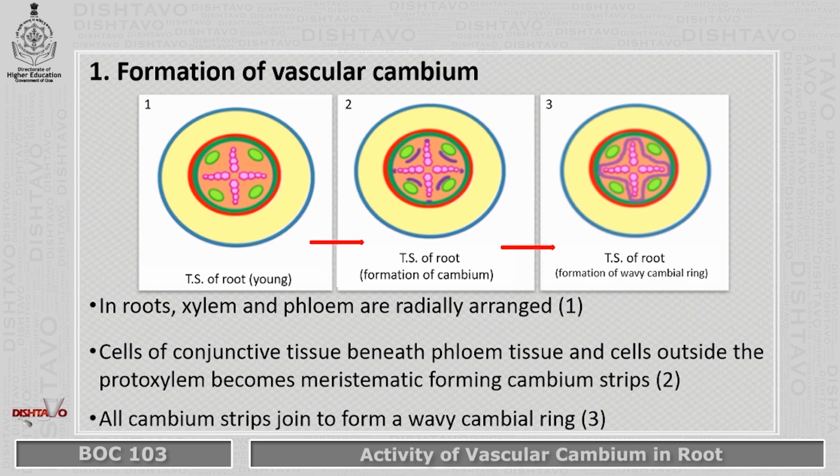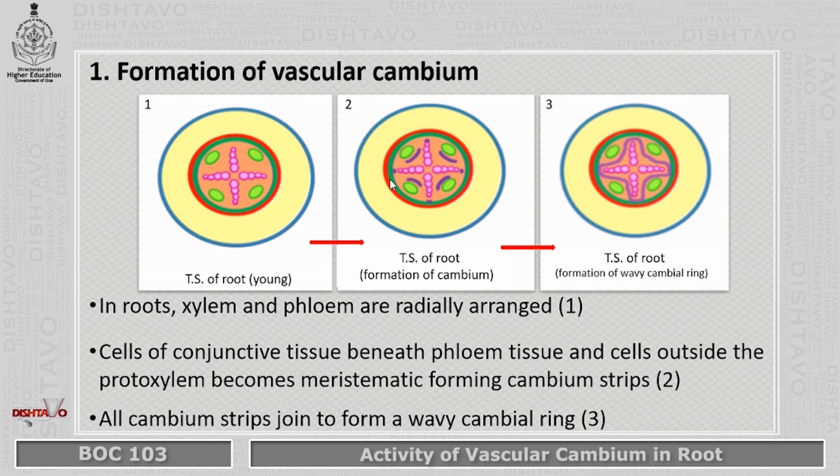In the primary structure, there is no cambium developed. This develops during the process of secondary growth. The conjunctive tissue beneath the phloem cells as well as the conjunctive tissue at the apex of protoxylem forms cambium by regaining the meristematic activity.